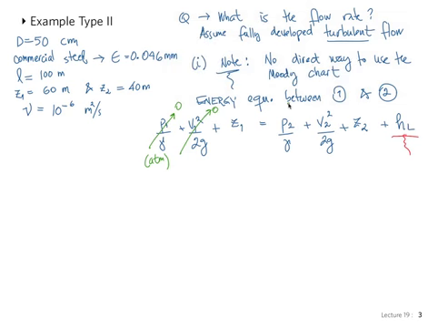Okay? So we also have atmospheric pressure. Z1 and Z2 are given. So we've got 60 is equal to V2, which we don't know unfortunately, squared over 2g plus 40 plus the head loss.